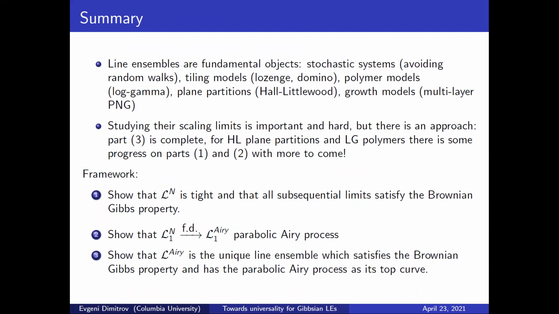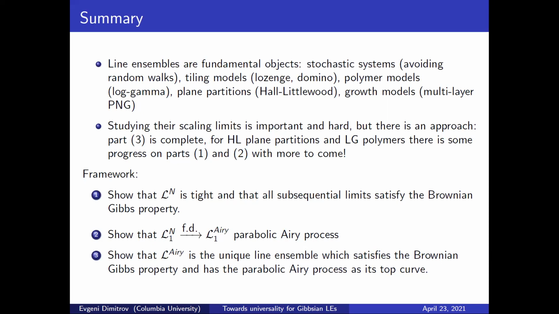So what I tried to convey in this talk is that line ensembles are fundamental objects. They naturally arise in various types of probabilistic systems of avoiding random walkers, in tiling models, in polymer models, in various types of growth models. So understanding their scaling limit is a hard question, but it's an important one.